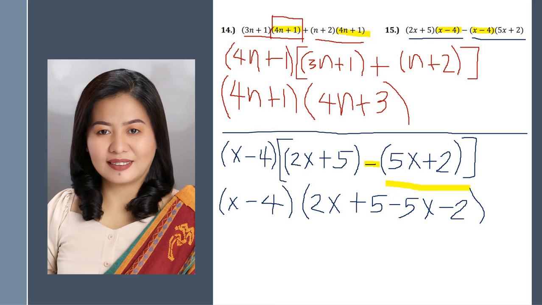Now we can combine like terms. We copy the first factor, and we have 2x minus 5x is minus 3x, and 5 minus 2 is 3. So we now have (x minus 4) times (negative 3x plus 3).